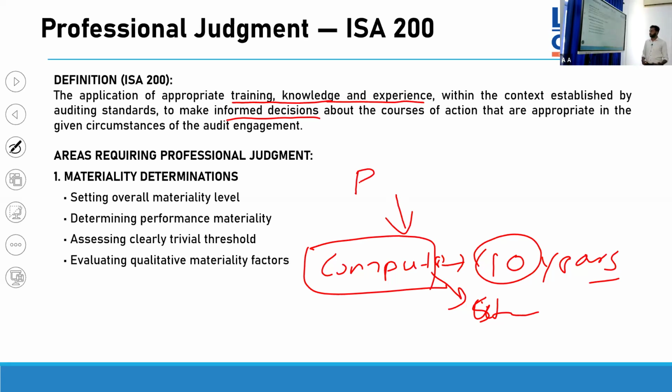Then we can get the knowledge of how, within the industry of this client, they apply this depreciation policy. Based on that, we can make the judgment if it is appropriate or not, right?